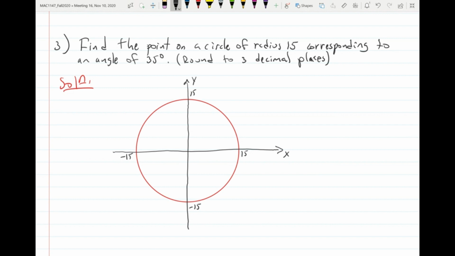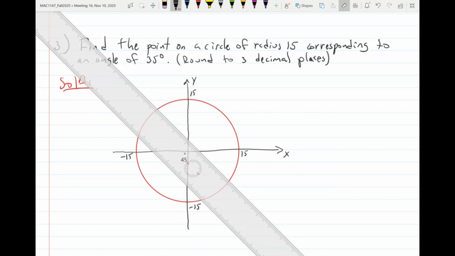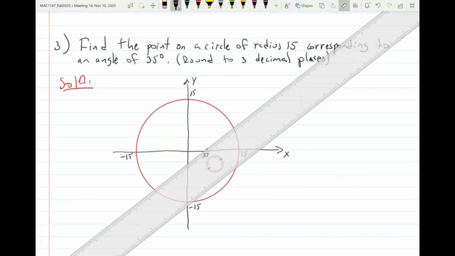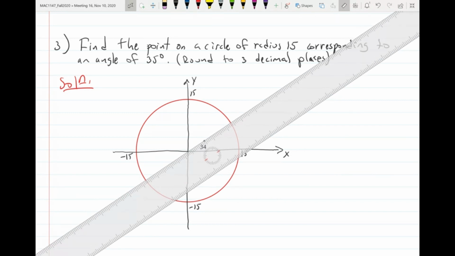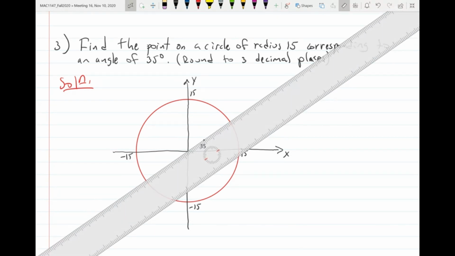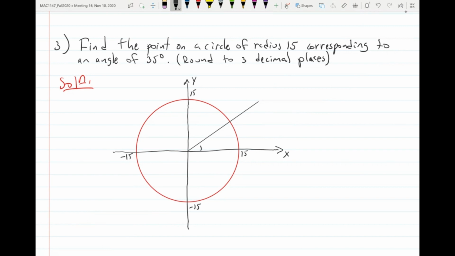And then the question is: find a point on a circle of radius 15 corresponding to the angle of 35 degrees. So if we do 35 degrees, and it looks something like this, if we draw this angle right here, 35 degrees, this right here is 35.